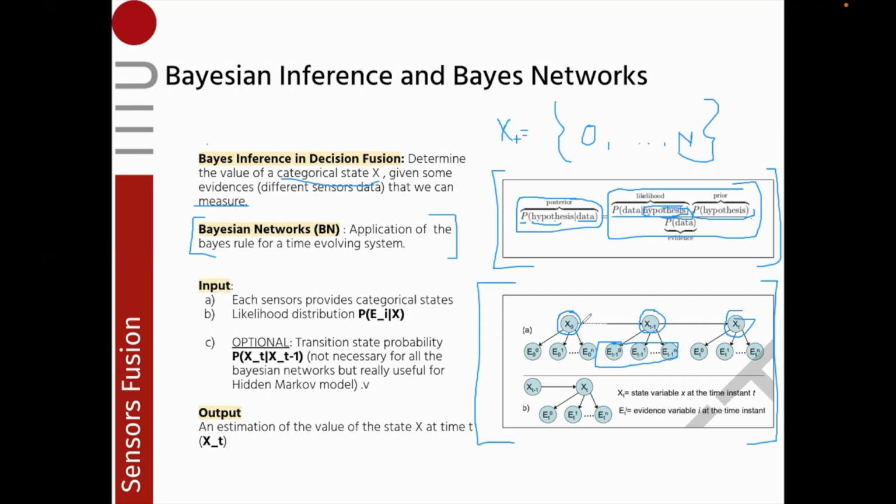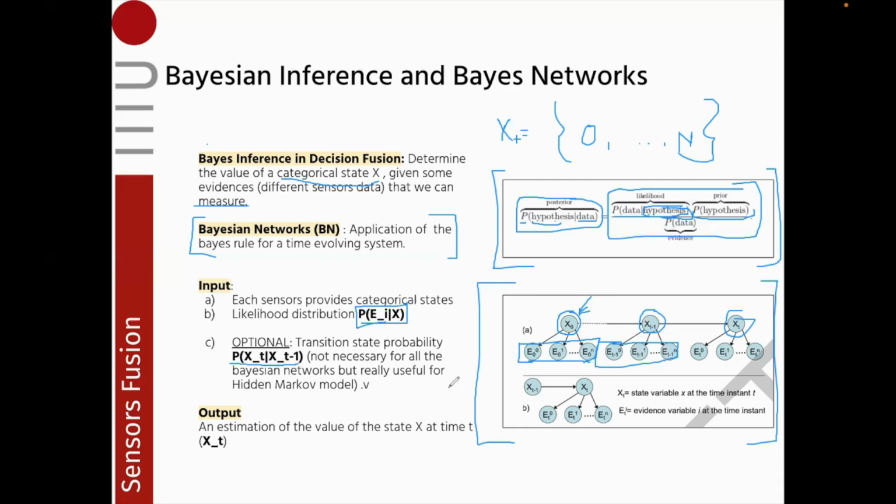So the inputs to our system are the evidences given by the sensors, which will be, as we said, categorical, and a likelihood function for each time. So the probability of the evidences given the fact that we knew the state. And optionally, as we will see later, we can sometimes even have the transition probability.